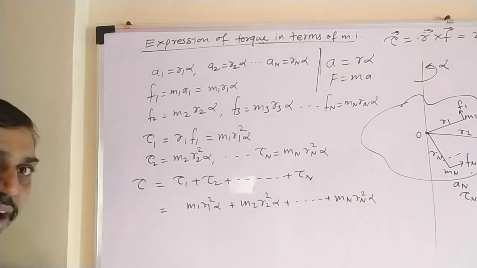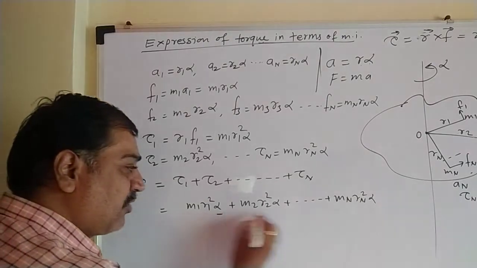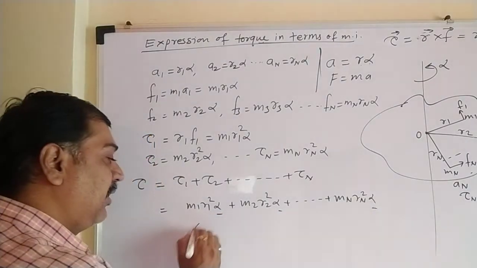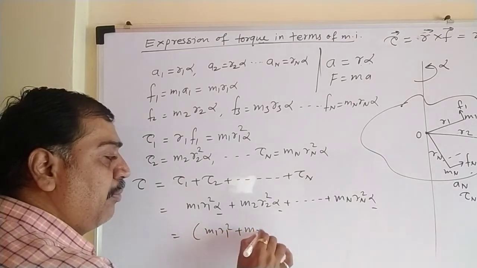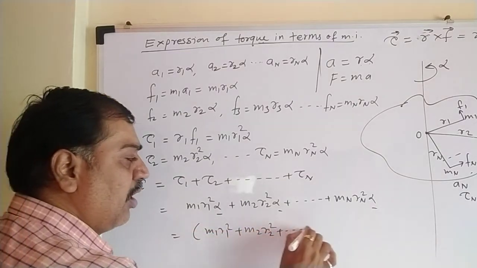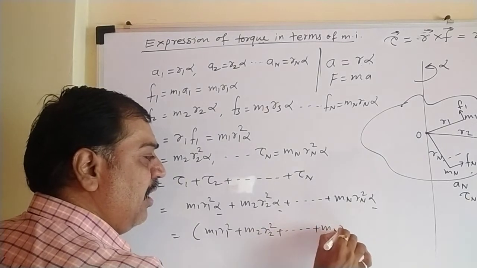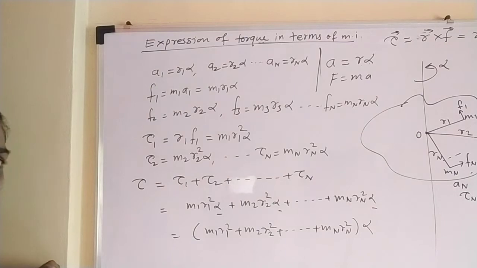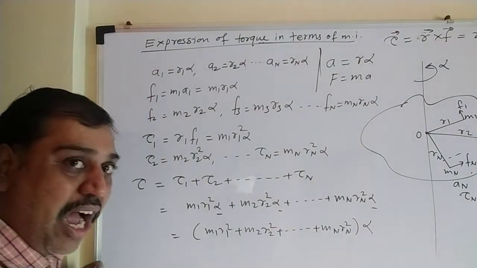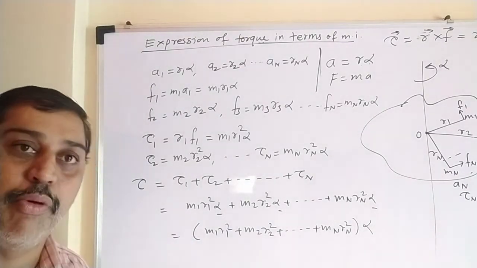Alpha is common everywhere, take it outside. In the bracket you can write m1 r1 square plus m2 r2 square plus so on up to mn rn square, and outside the bracket alpha. This bracket term is the moment of inertia I.